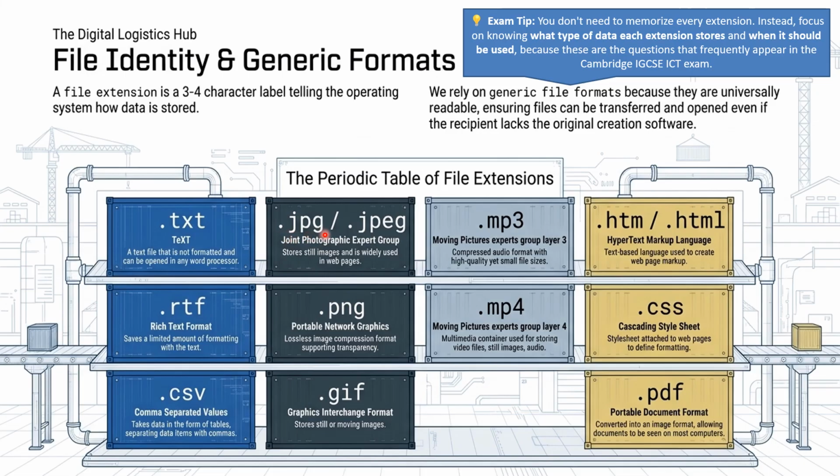In the middle column, you will find image formats like .jpg or JPEG, which stands for Joint Photographic Group, is one of the most popular formats for digital photos because it keeps the file size relatively small.